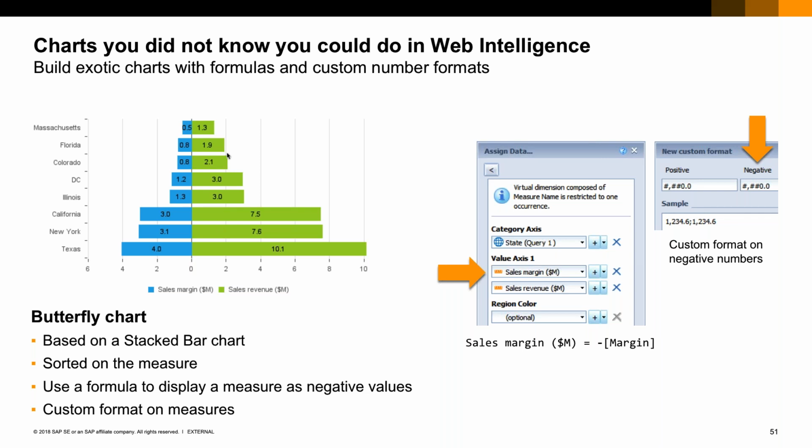I'm showing here on the butterfly chart the sales revenue versus the sales margin across the zero axis, as you can see here. And then you use a custom format to make sure that those negative values don't show as actually negative, because they are not. Then you just need to sort the measure once you're done with that, and you have a nice butterfly chart that you can have in your Webi documents.